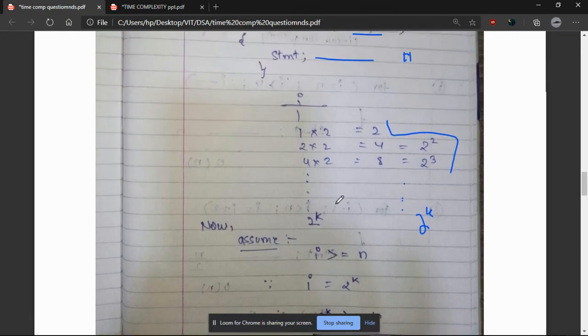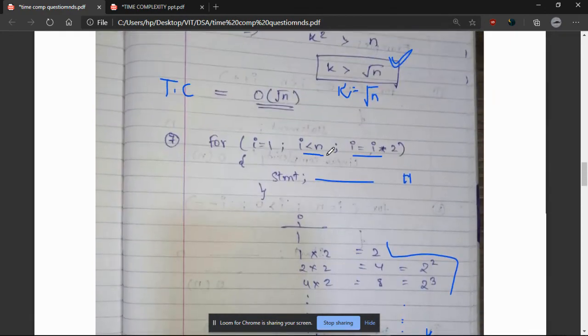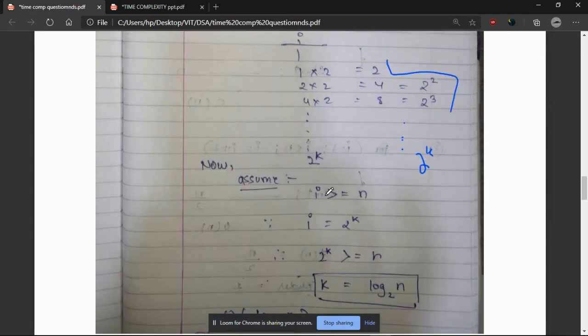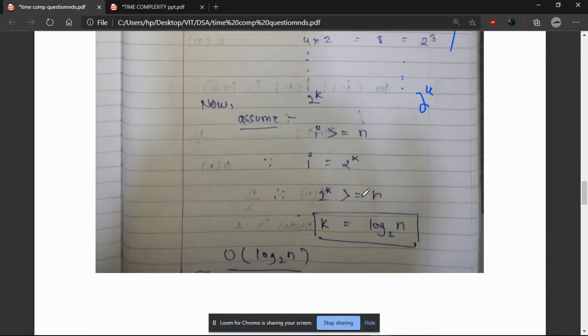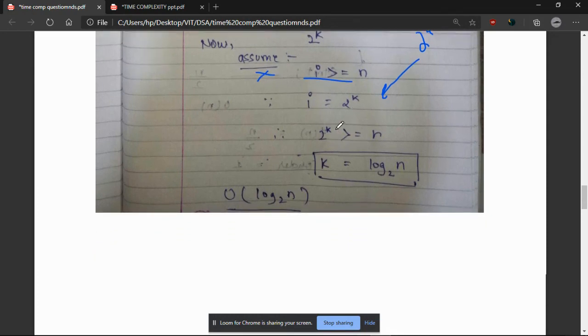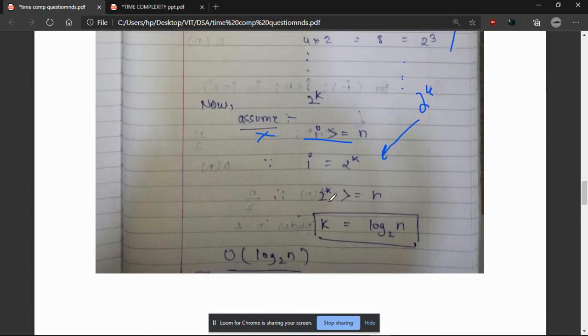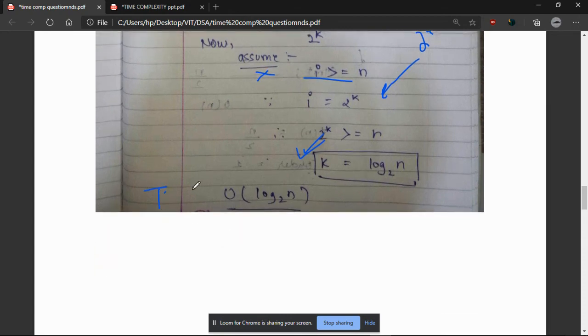Now see here it is i less than n. If i is greater than or equal to n, where i equals 2 to the power k, which we substituted here, if this condition is met, it stops. So we try to do it: 2 to the power k greater than or equal to n, and k value is log n to base 2. So we can write the time complexity equals big O of log n to the base 2.